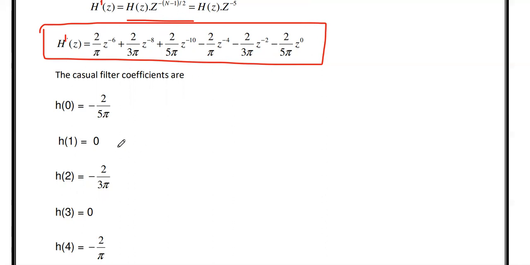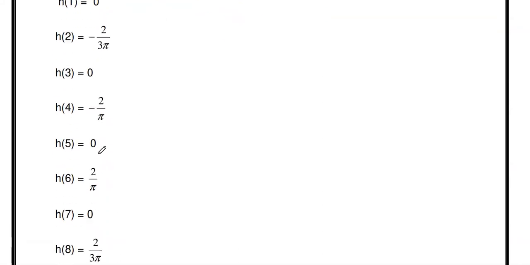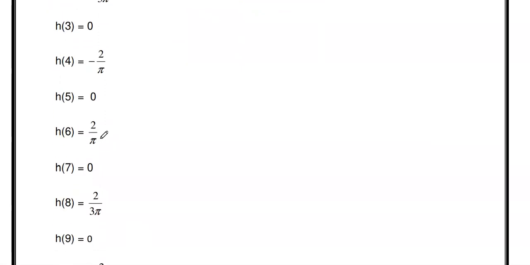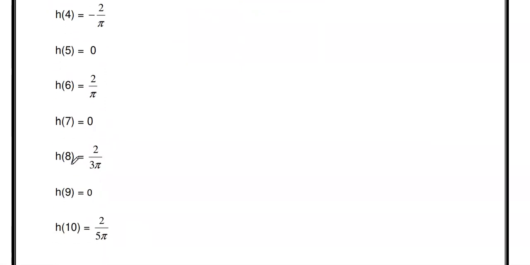No. Okay, so h of 1 is 0. Then is any z power minus 2 term there? Yes. Okay, minus 2 by 3 pi, it is h of 2. Similarly, h of 3 is 0. H of 4, the coefficient of z power minus 4, is minus 2 by pi. Then h of 5 is 0, h of 6, h of 7 is 0, h of 8 is 2 by 3 pi, h of 9 is 0, h of 10 is 2 divided by 5 pi.